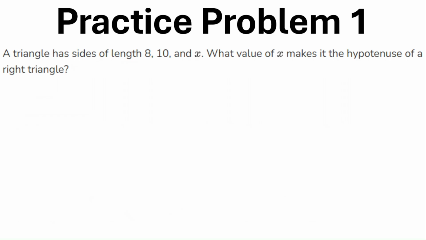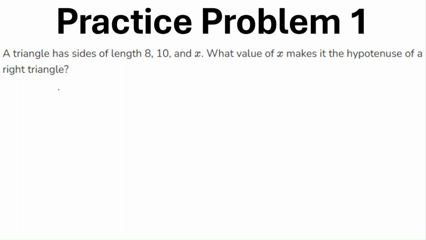So now let's go ahead and take a look at practice problem number 1. This says a triangle has sides of length 8, 10, and x. What value of x makes it the hypotenuse of a right triangle?